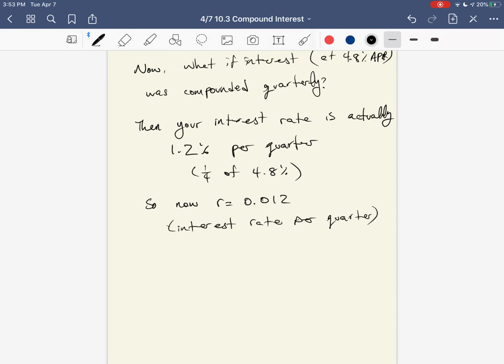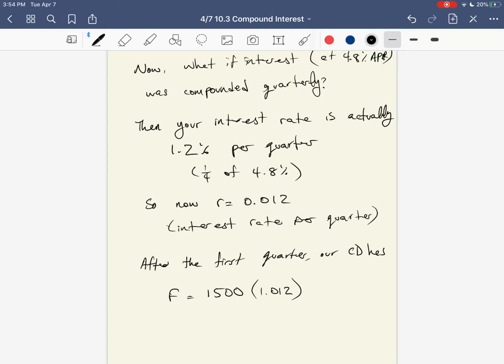But still, after the first quarter, our CD has, so our initial investment was 1,500 times 1.012, right?